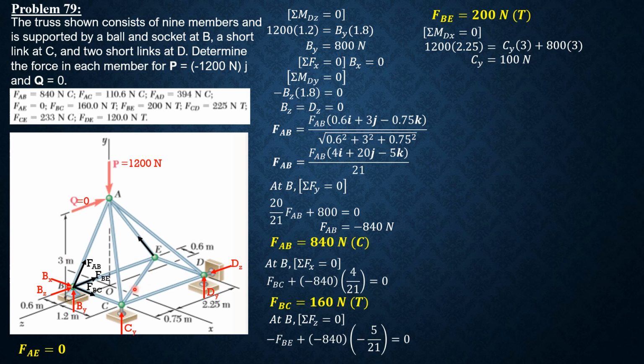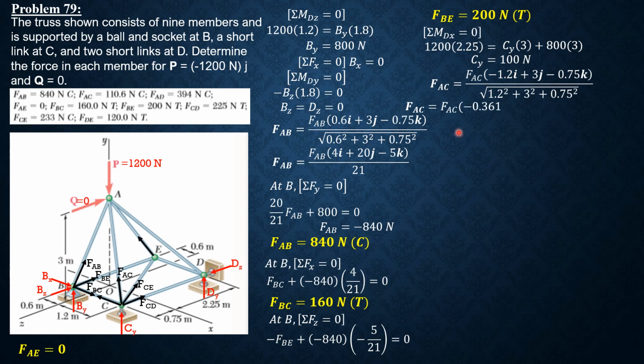Having found Cy, we then put the forces at C. Let's label them. Let's write FAC in vector form. FAC is from C to A, so negative 1.2i, positive 3j, then negative 0.75k, over the square root of 1.2 squared plus 3 squared plus 0.75 squared.